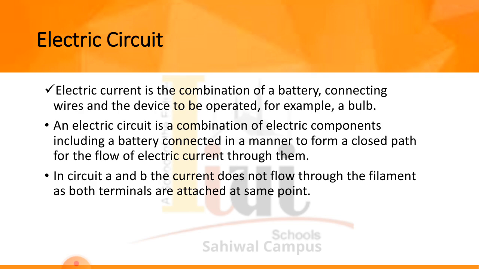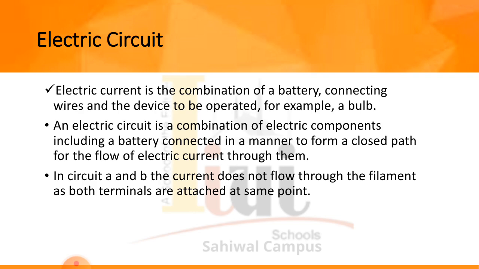Now you can see figure 13.8 on page 136 of your textbook. Figure 13.8 shows the direction of the flow of current. Again we can see that both the connecting wires are attached to the same terminal.